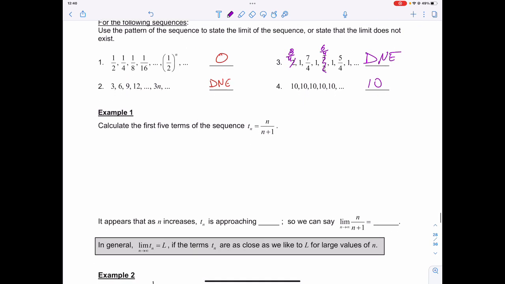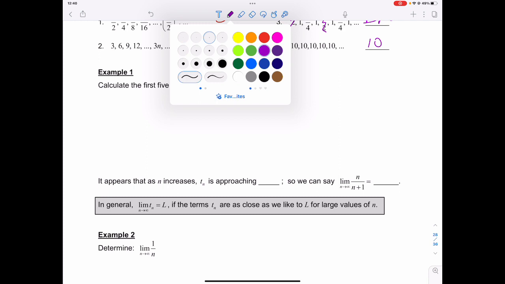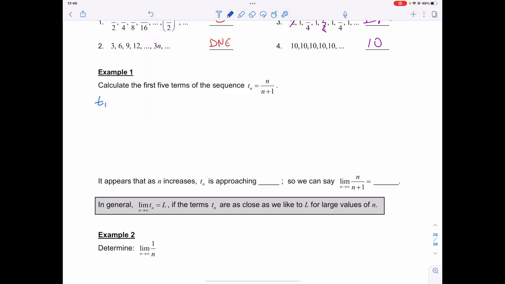Now, if we're given the formula to solve what every term value is in a sequence, like in this case, Tn is equal to n over n plus 1, then that means that term 1 is just going to equal 1 over 1 plus 1, which is just 1 over 2. Term 2 is going to replace n with 2, so I'm going to get 2 over 2 plus 1, which is just 2 over 3.